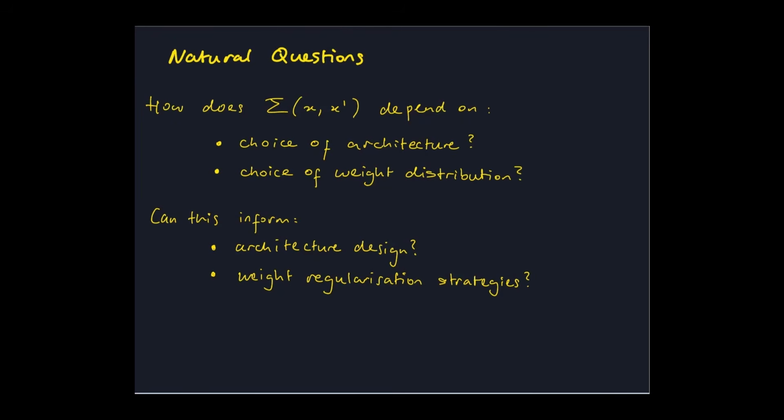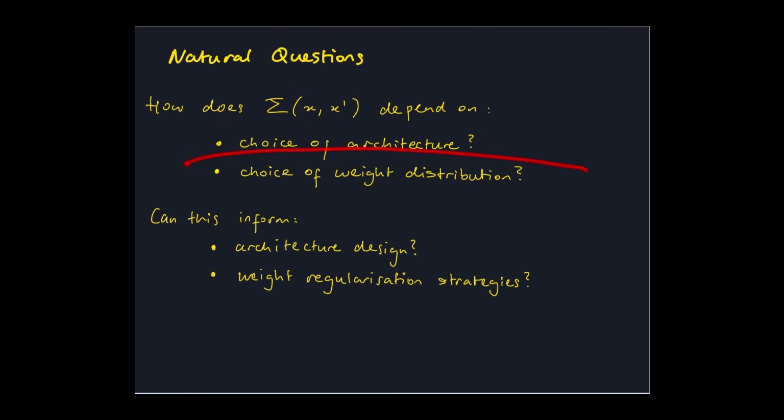Okay. I think there's one slide, and then I can take some questions if anyone has more. But basically, if you really buy into this picture, you believe in the Gaussian process correspondence, and you want to see how far you can take this, you might have questions along the lines of: how does the covariance kernel depend upon my choice of network architecture?